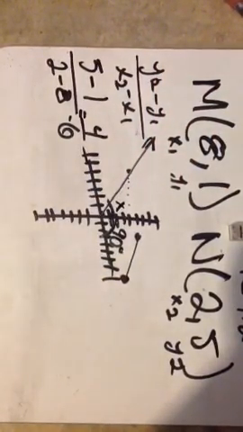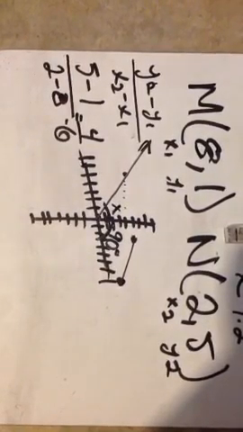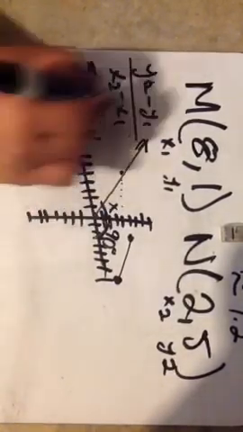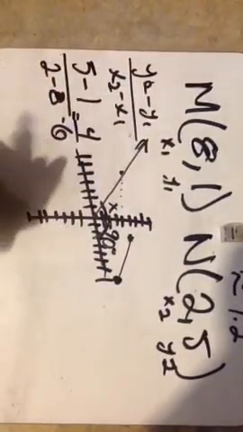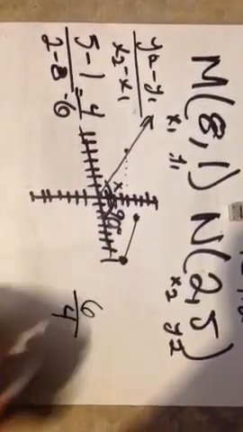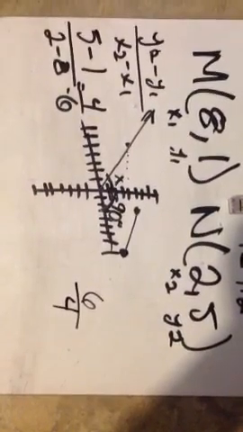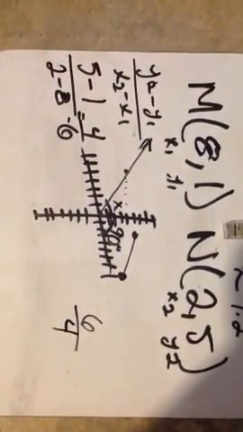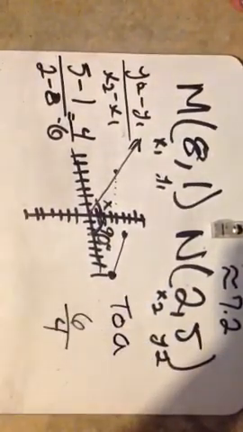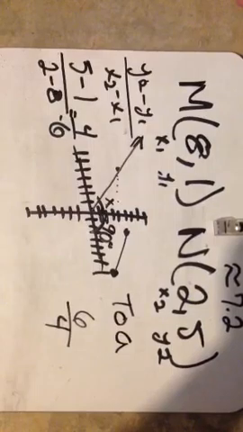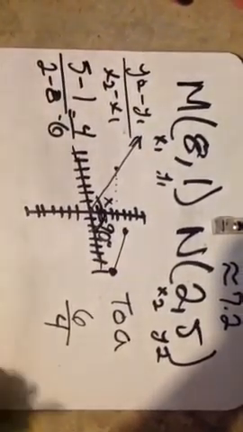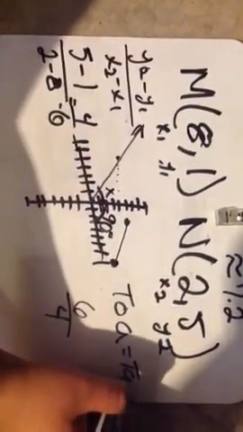So we're going to put an X, and you're going to change these. So it's going to be 6 over 4, and using what we had worked on before, we're going to use TOA because it's opposite over adjacent. TOA is tan.